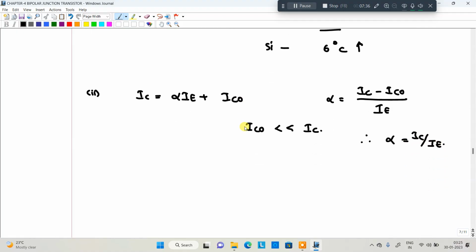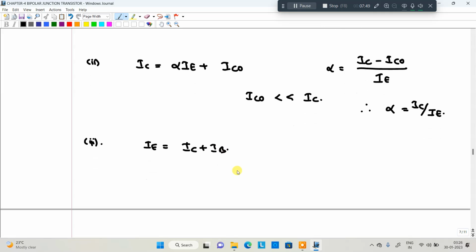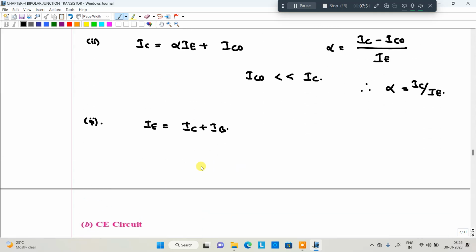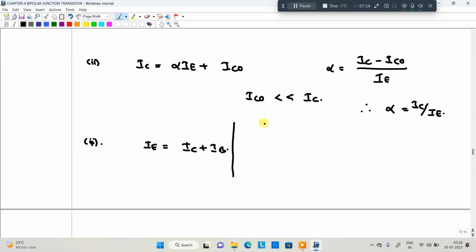After that, the next case: emitter current IE is equal to collector current plus base current. Collector current IC is equal to alpha into IE plus ICO.